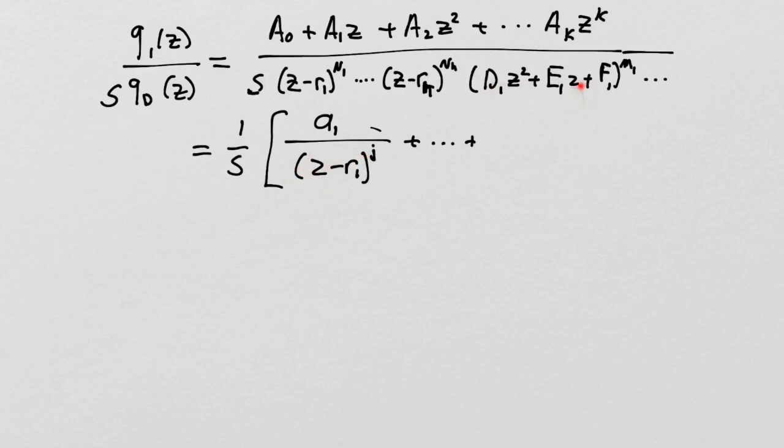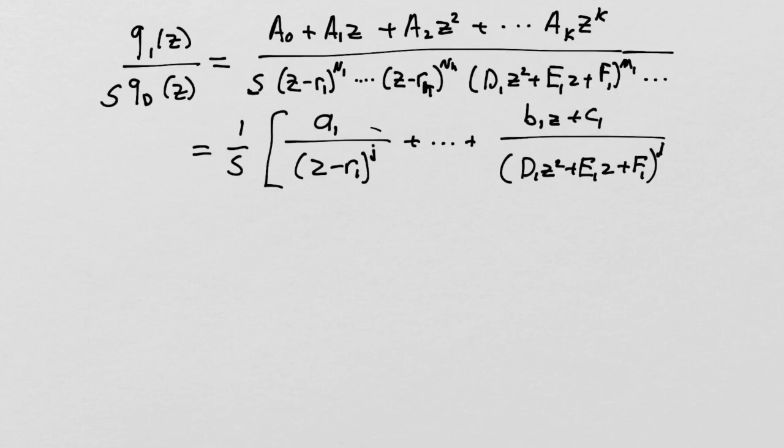And likewise, you'll have the same situation over here, except in that case, you'll have something like b1 z plus c1, over d1 z squared plus e1 z plus f1, and then it'll have some exponent. I'll call that exponent i. Right, so the partial fraction decomposition is pretty straightforward.